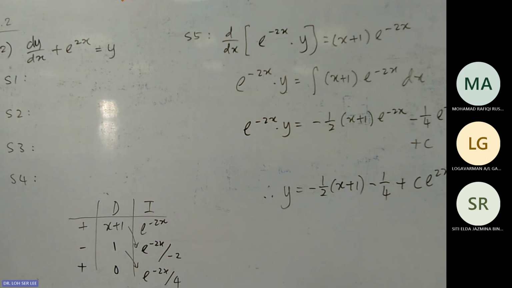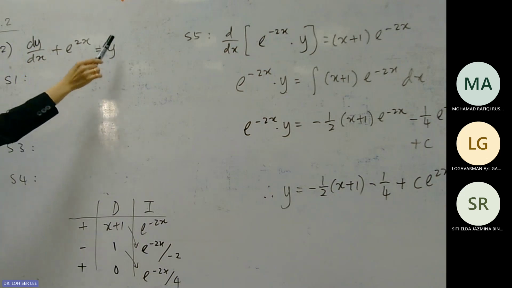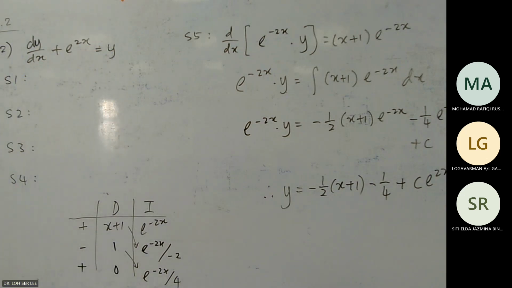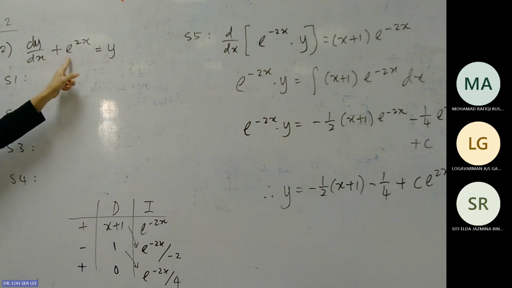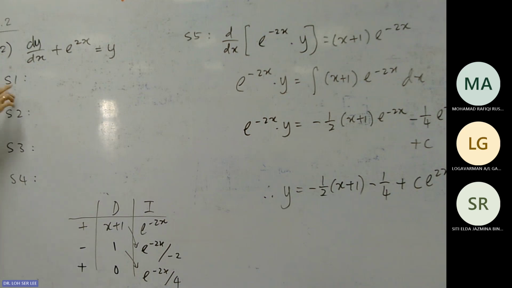Number 2. Is that linear? Yes. Derivative, degree of 1. Dependent variable, degree of 1. And the coefficient functions of these two are constants, and this is in x. So step 1, you need to rearrange your differential equation in such a way that the derivative and also the dependent variable stay on the left.